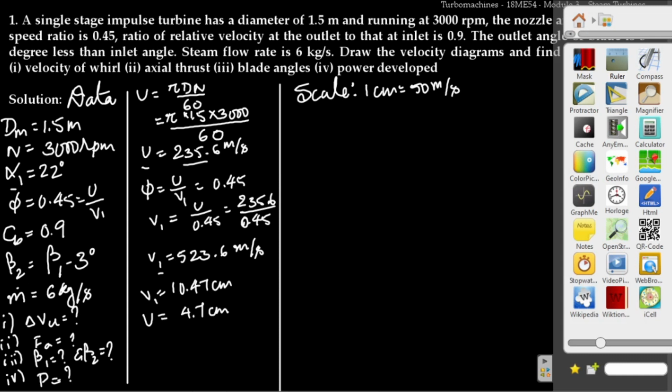So while constructing the velocity triangle, I will be using these lengths.